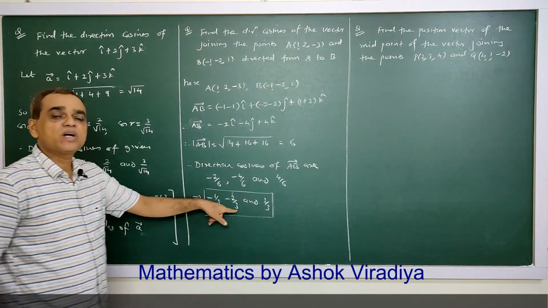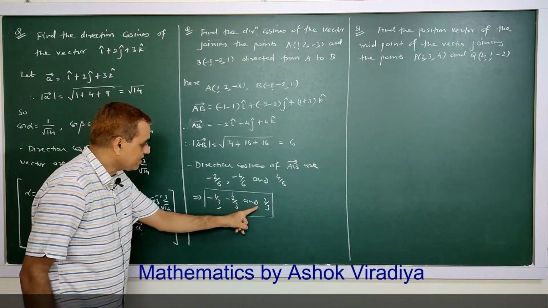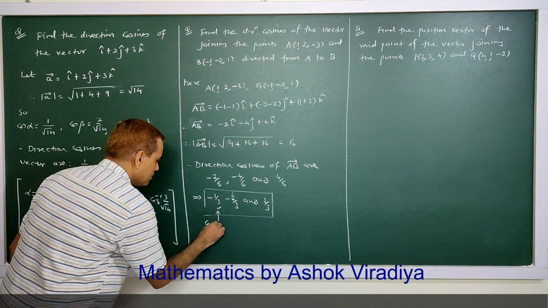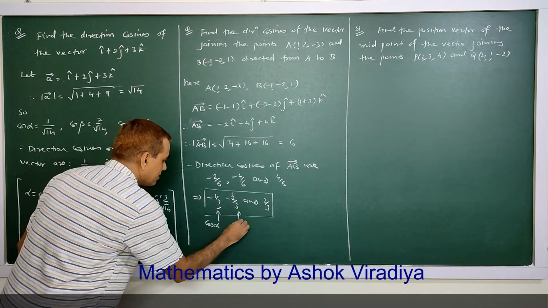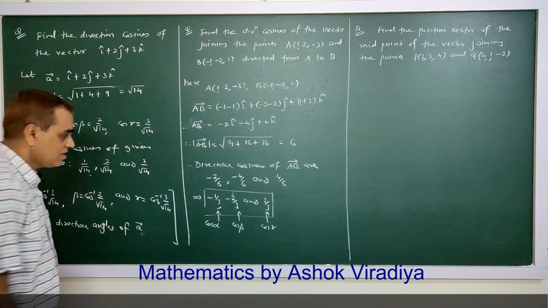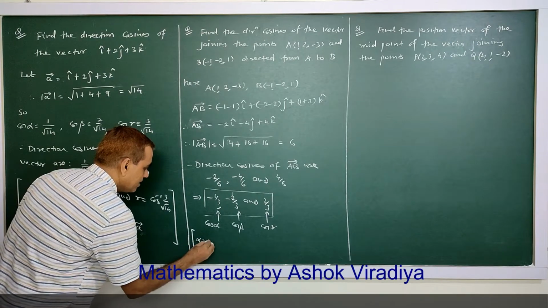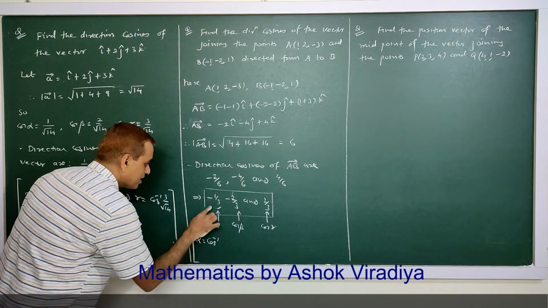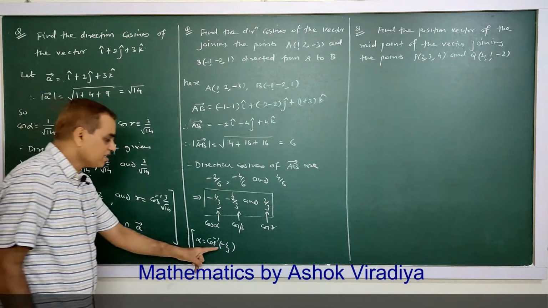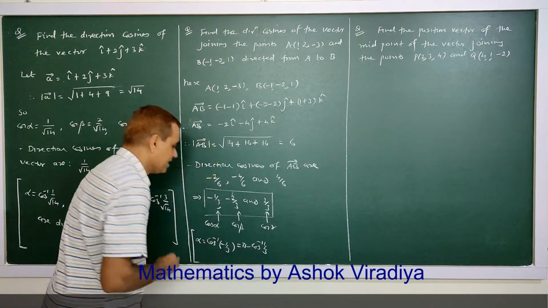Similarly, here also you can find the direction angles. This value is cos alpha, this value is cos beta, this value is cos gamma. So alpha is cos inverse minus 1 by 3, and cos inverse minus 1 by 3 is pi minus cos inverse 1 by 3.